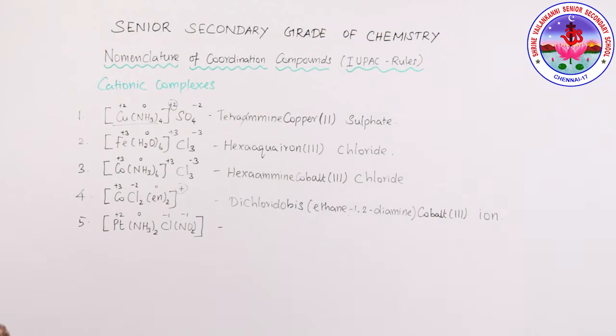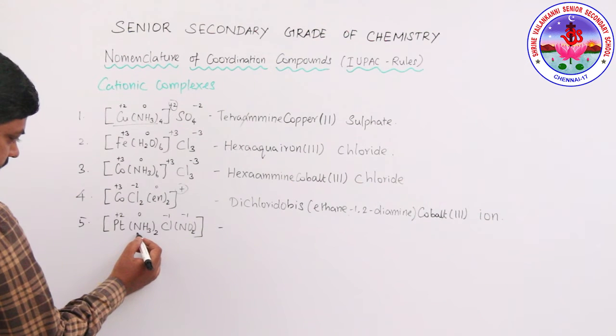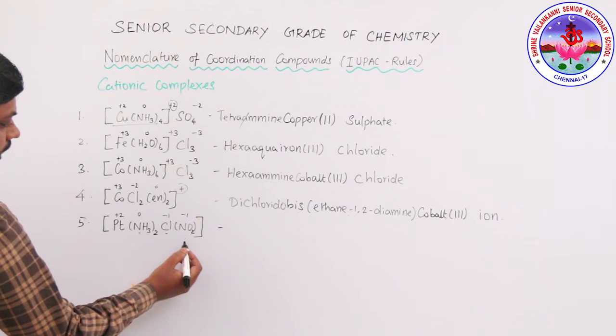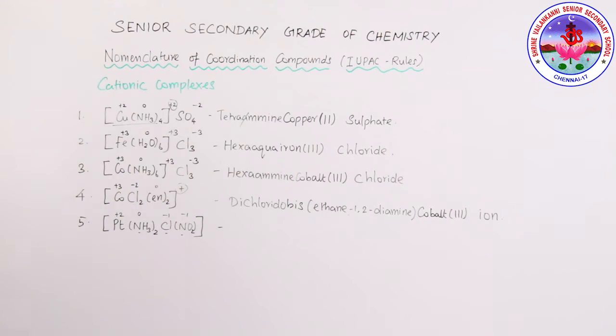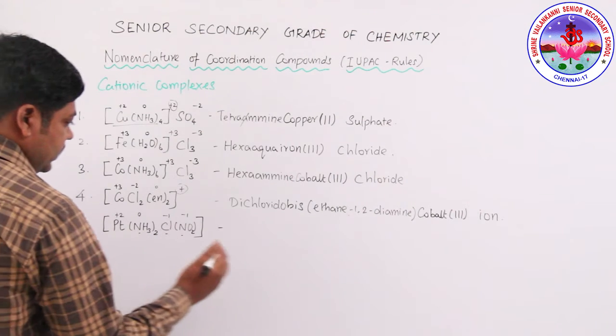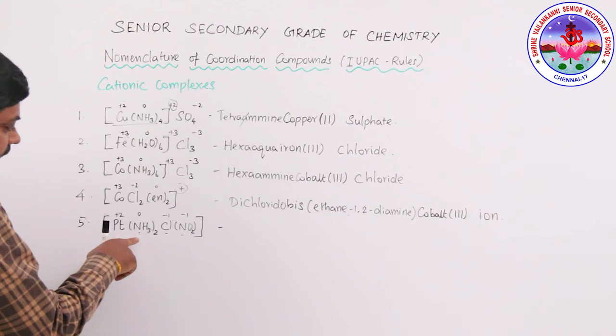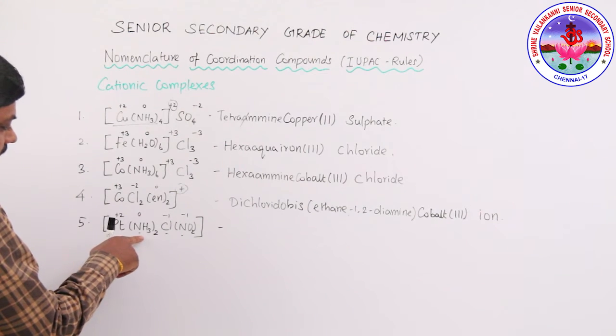Now, name it. Here we have ammine, chlorine, and nitro ligands, so 3 kinds of ligands are present. Here, the ligand is named first. The alphabetical order starts with ammine.